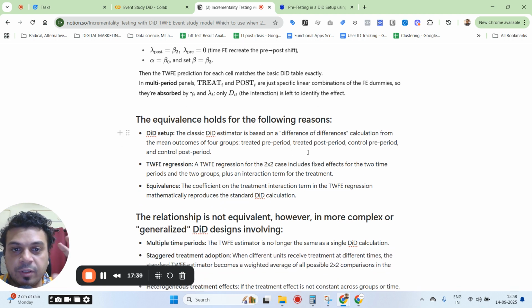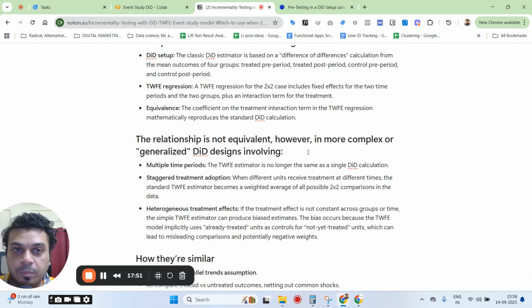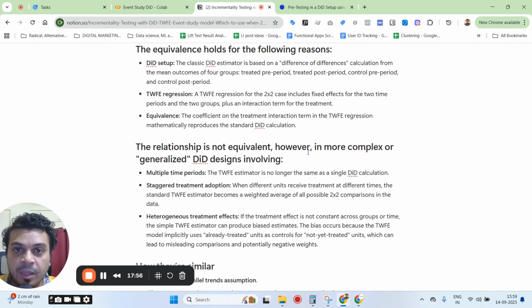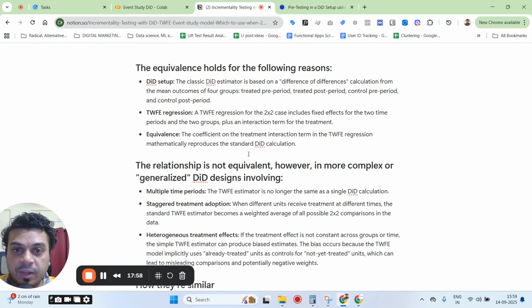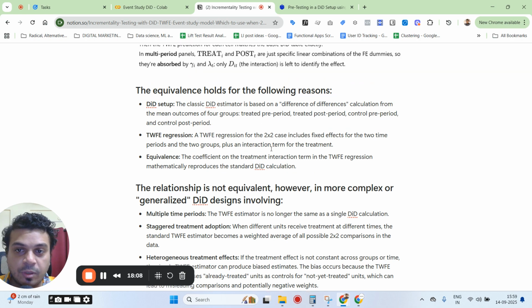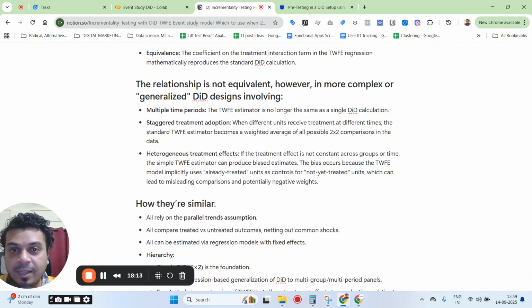And these are a different combination of treatment, whether or not it's a control, whether or not it's in the pre or post period, or whether or not it's treated. And then the two-way fixed effect is just a regression that, for the 2 by 2 case, includes fixed effects for the two time periods and the two groups, plus an interaction term. So therefore, like I mentioned, the two-way fixed effect is a general case, and the DID a specialized case of the two-way fixed effect.